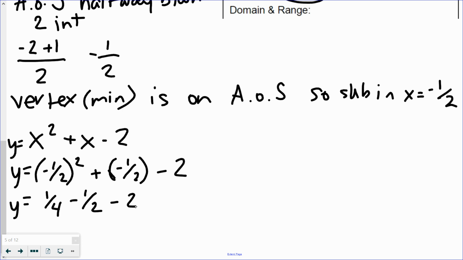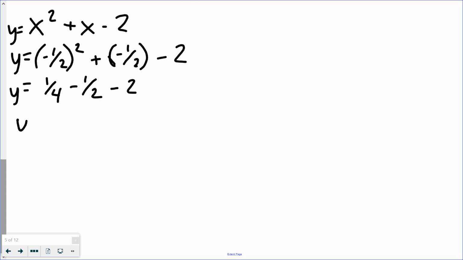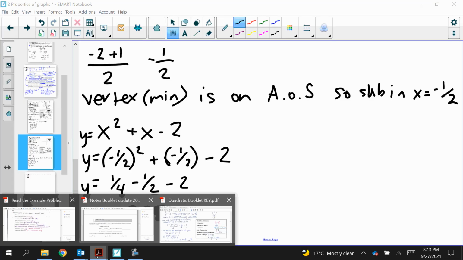Okay, so this is me trying to do mental math. So if I have a quarter and I take away a half, now I'm at -1/4. And if I take away another 2, y equals negative 2.25. This is me cheating.